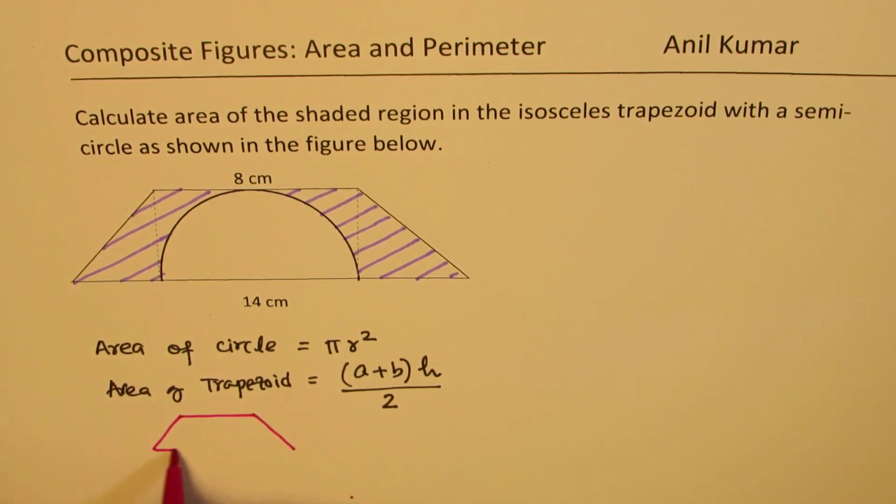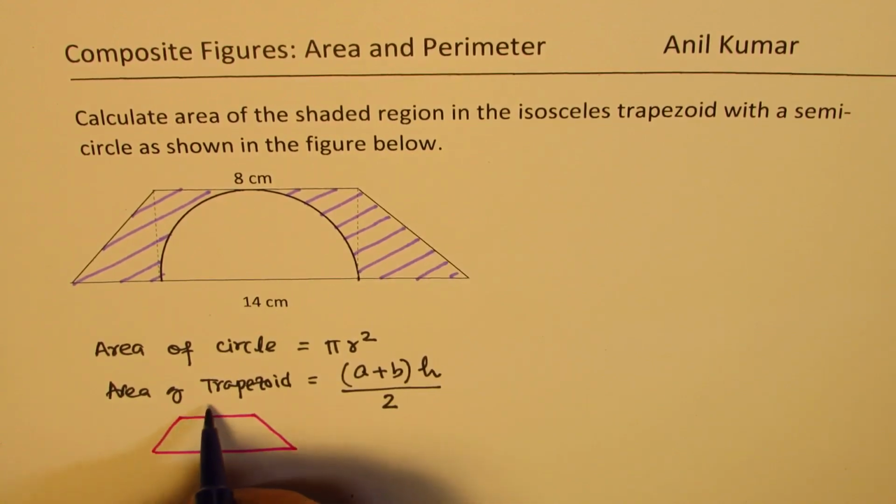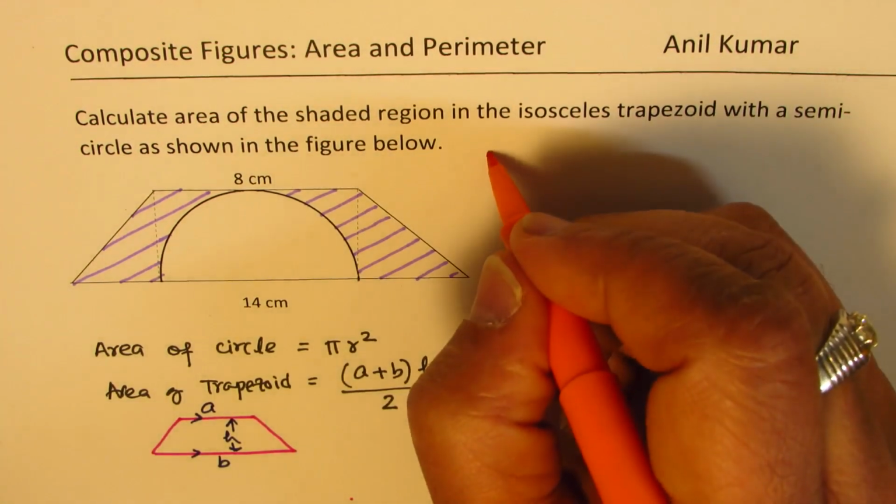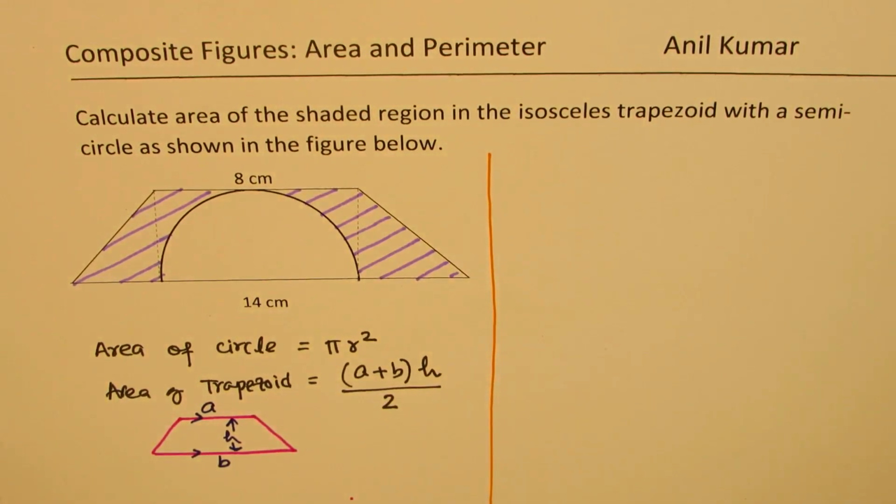So if we have a trapezoid, it may be isosceles, it may not be isosceles. So A and B are these two sides which are parallel basically, and height is the distance between them. Then that becomes the area of the trapezoid. Knowing this, it should be simple enough to calculate the area of the shaded portion. I would like you to pause the video now, calculate the answer, and then look into my suggestions.